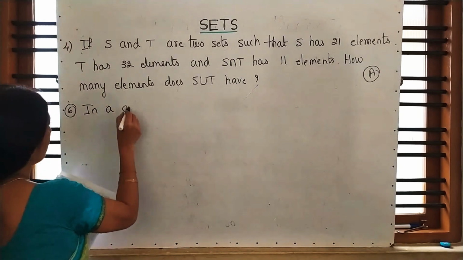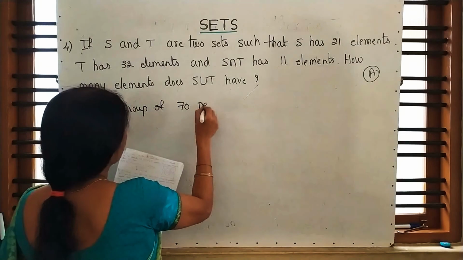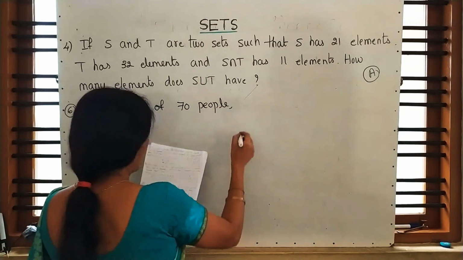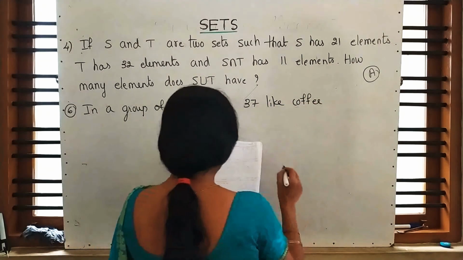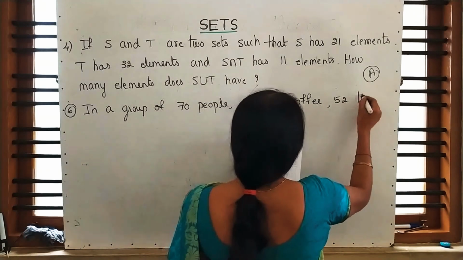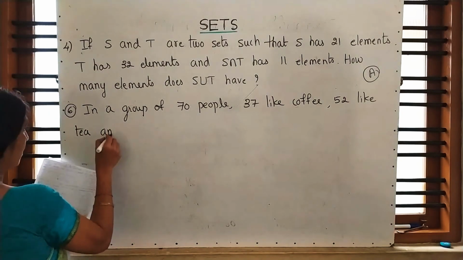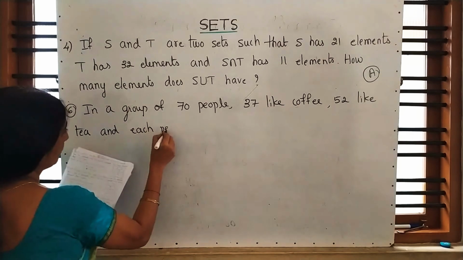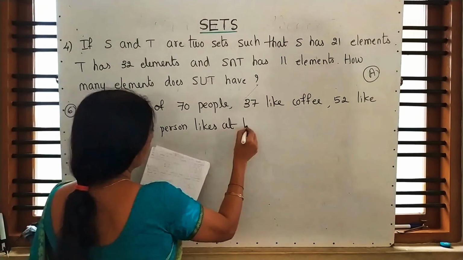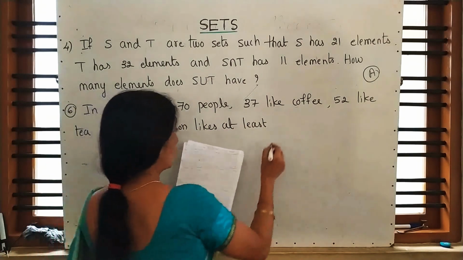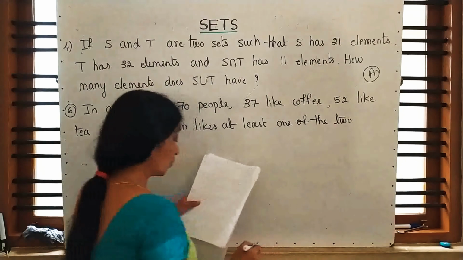In a group of 70 people, 37 like coffee, 52 like tea, and each person likes at least one of the two drinks.